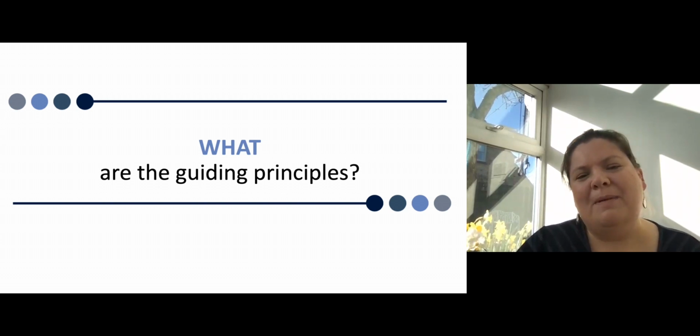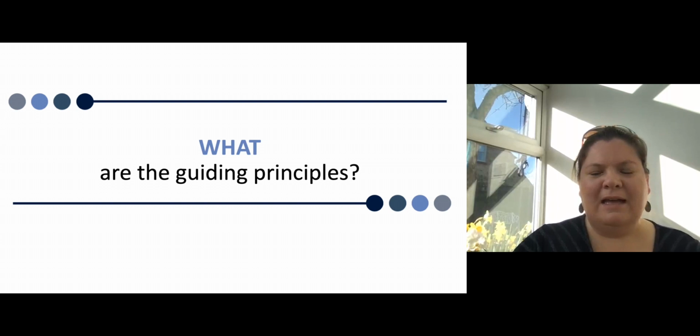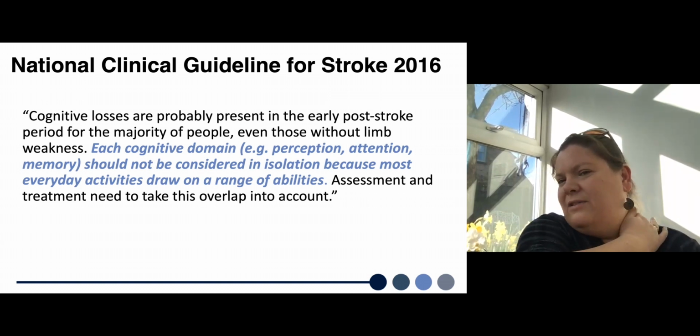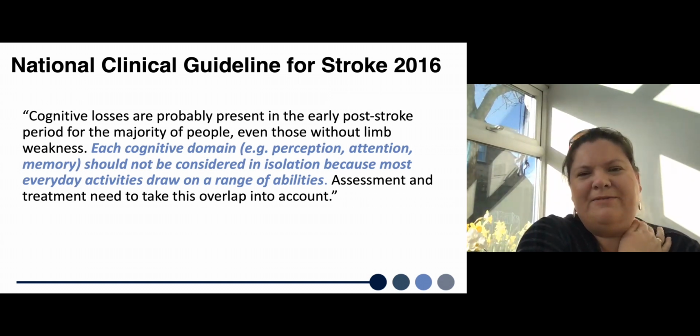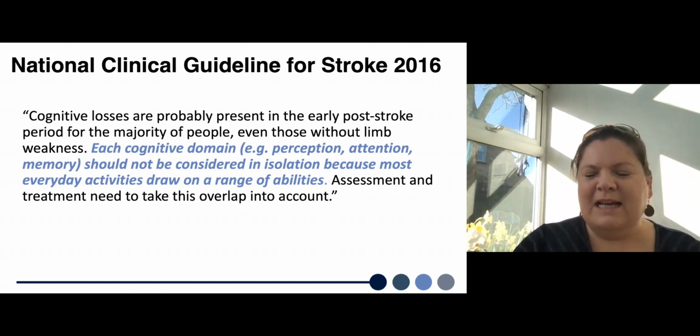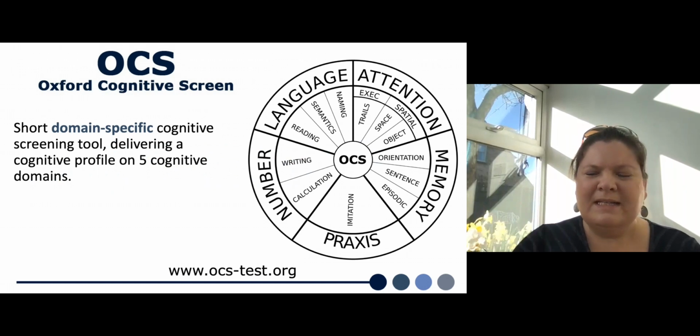I'll tell you a little bit more about the OCS itself and what the guiding principles are in the brief screen. It's very much aligned to these guidelines, although they came out after the OCS was developed. This idea of looking at cognitive domains not in isolation fits very clearly with how the OCS was developed, because this is the profile you get at the end.